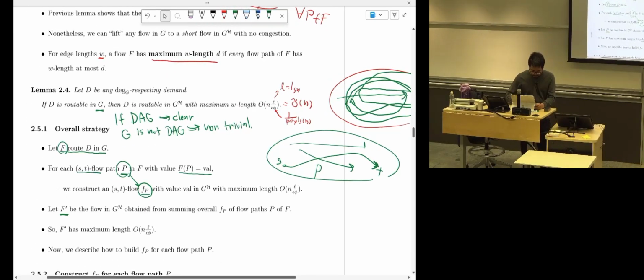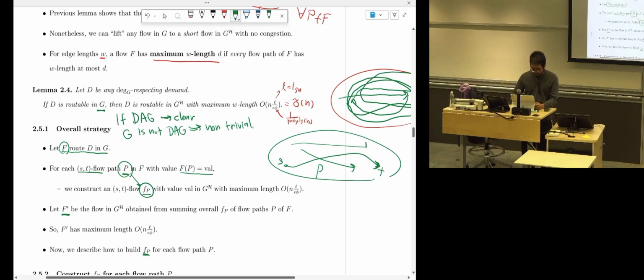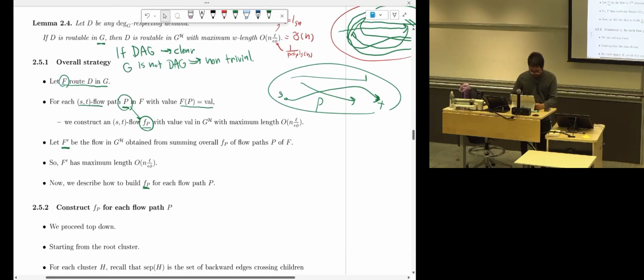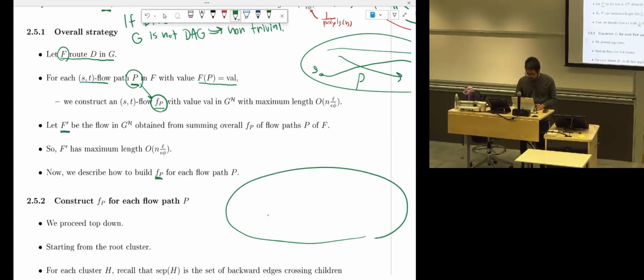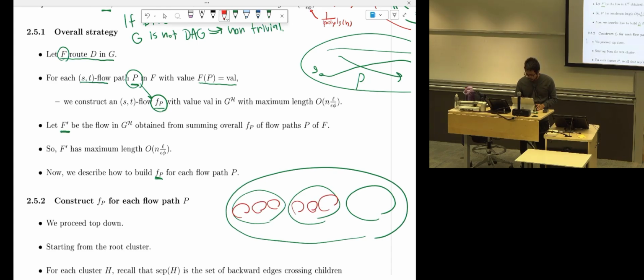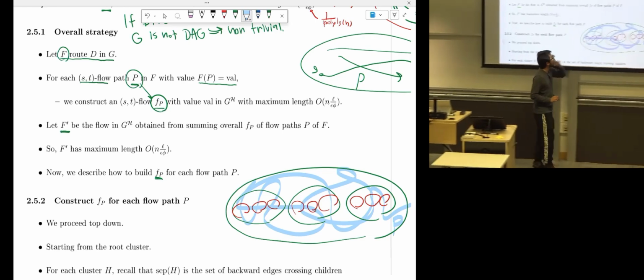Let me tell you how to build f_P from a flow path P. We're going to proceed top down. I have a graph, and I have some cluster and another cluster, and the flow path can look like some crazy path.